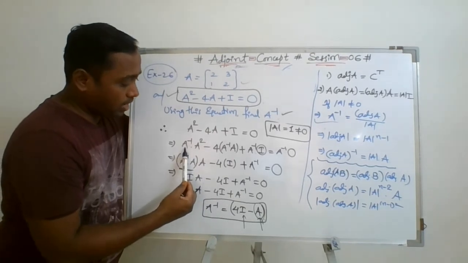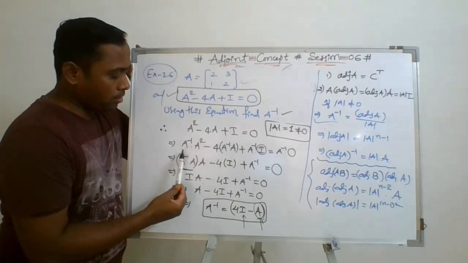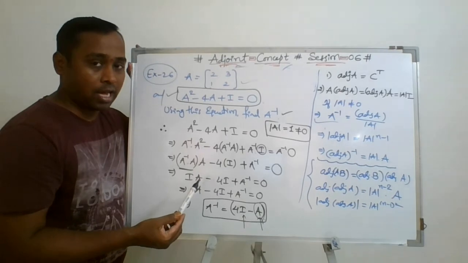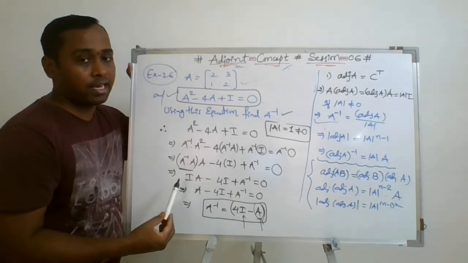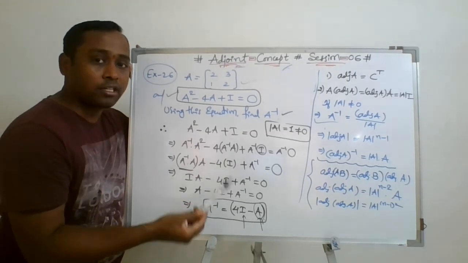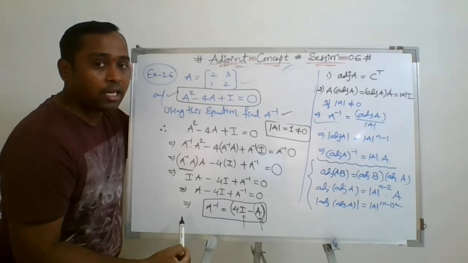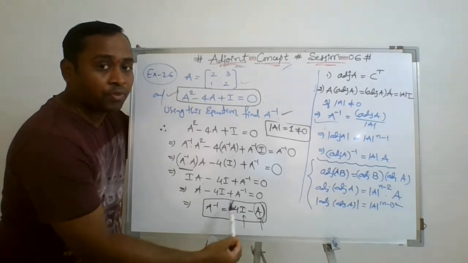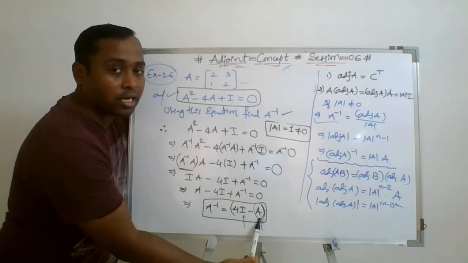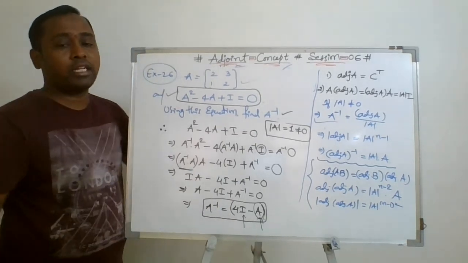So I kept A inverse on the left, that is called pre-multiplication, and then simply apply small results like A into A inverse is I, I into A is always A, I into A inverse is again A inverse, A inverse into 0 is again 0 matrix. In that way, if you simplify, finally you will get A inverse as some expression, and in that expression you just substitute the values of the matrices which you already calculated. By simplifying this, you will be able to get A inverse.